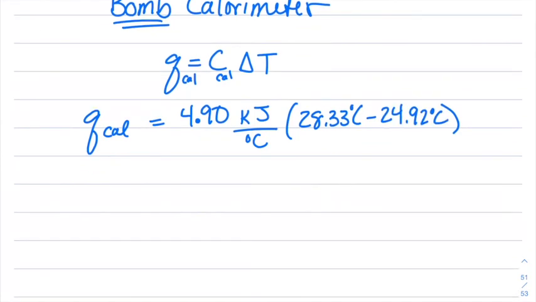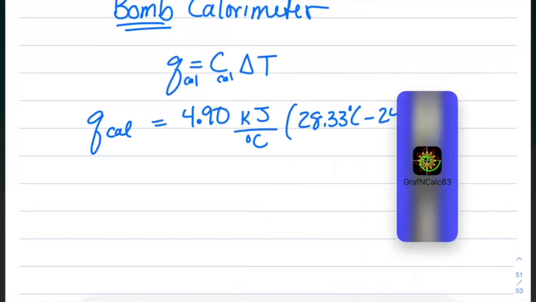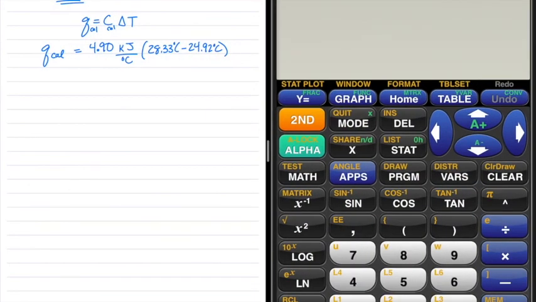Okay. Any questions about what we're doing so far or why we're not using Q equals MCAT, why we're not putting the mass in here? All right, so let's go ahead and calculate this. So I'm going to do the parentheses first. So 28.33 minus 24.92. And it looks like when I do that, I get 3.41 degrees Celsius.